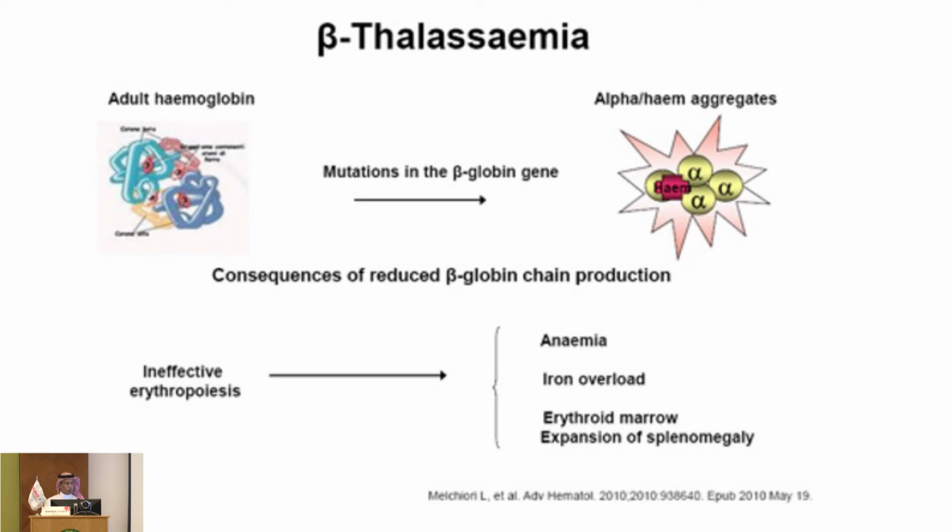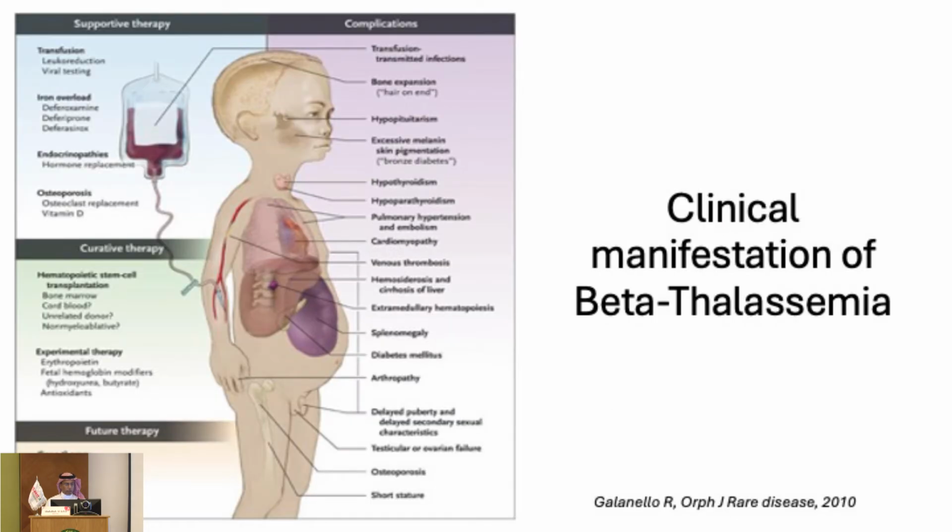But if you lose the beta globins, the alpha heme aggregates will precipitate in the cells and lead to red blood cell destruction and excessive bone marrow production, or ineffective erythropoiesis, that will lead to severe anemia, expansion of the medullary cavity, and skeletal deformity of the skull, the face, and different bones in the body. In addition, they lead to extramedullary hematopoiesis and further on.